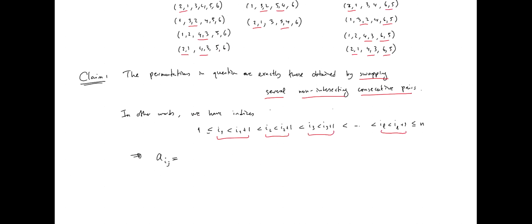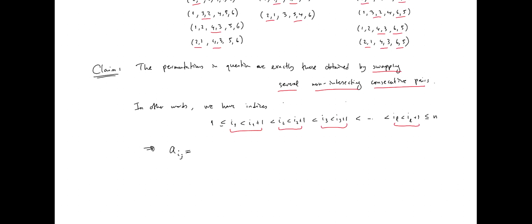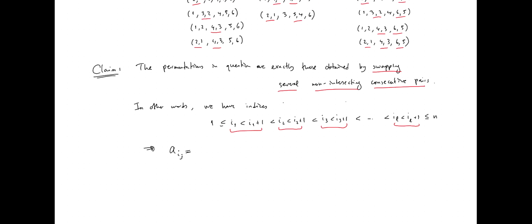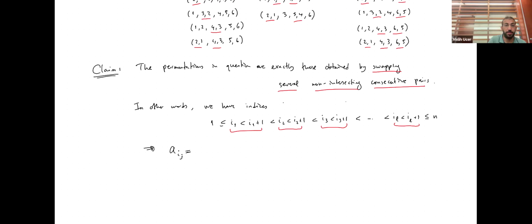So A of Ij is equal to Ij plus 1. There is no Ij minus 1 because they already come like this. And A of Ij plus 1 equals Ij.